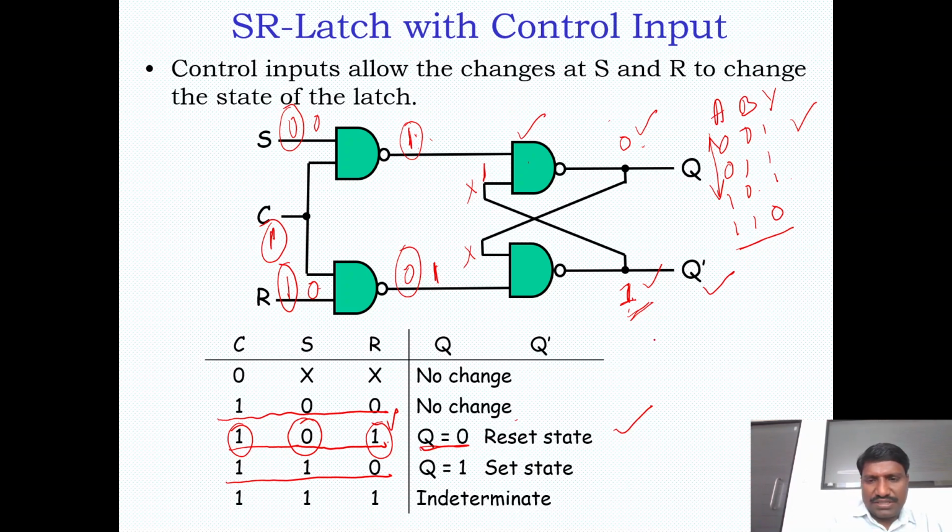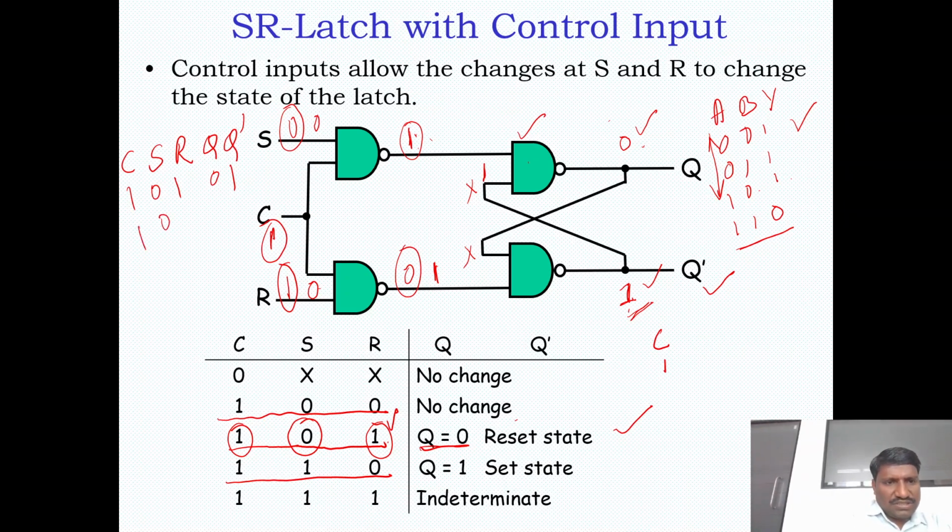So what I did is, I have applied C equal to 1. I have applied C here. C, S, R, Q, Q bar. If I make an input of 1, 0, 1, output is 0, 1. If I make C equal to 1, S equal to 0, R equal to 0, I simply changed R to 0.